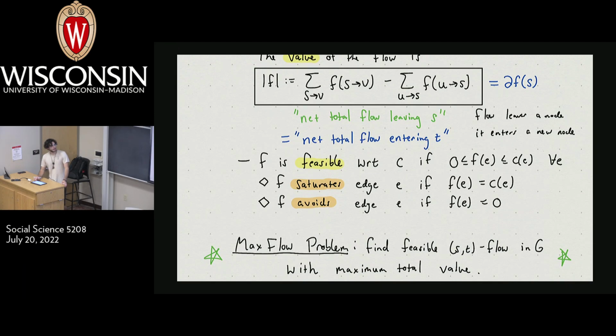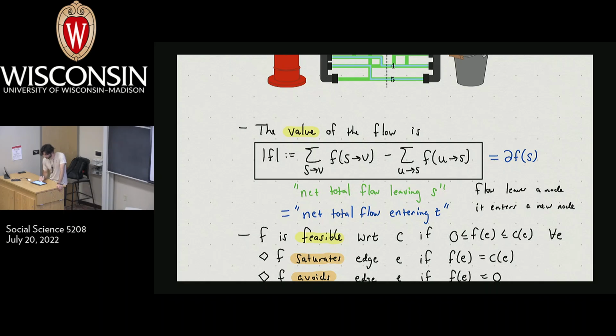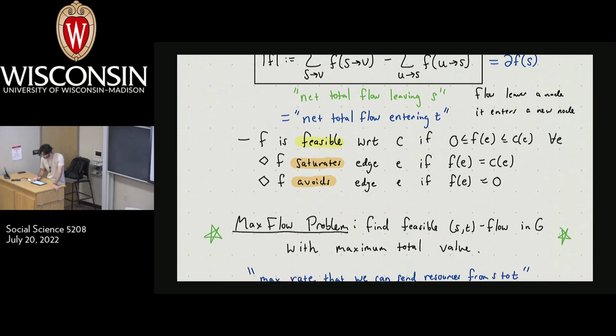Okay. So now we're going to say the flow is feasible with respect to the capacity function if the total flow on an edge is never more than what that edge has capacity for. So everything up to this point is talking about flows as a general function. It's kind of ignoring the fact that the graph has capacities, but now we're taking the capacities into account.